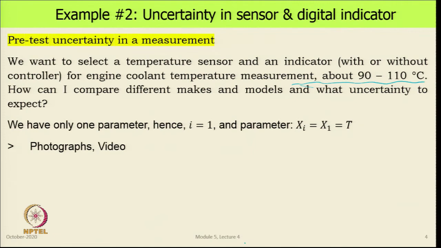In the example, I have taken yet one more example, which is a temperature of a flue gas. And the temperature we have said is approximately of the order of 150 degrees Celsius.